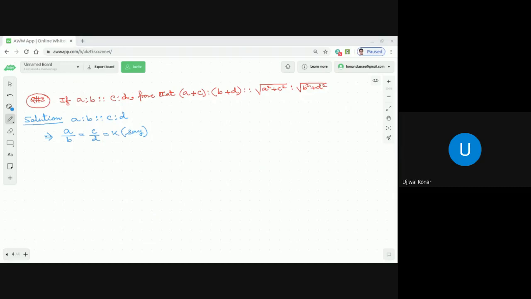So from here what we'll get? We'll get A is equal to Bk and C is equal to Dk.